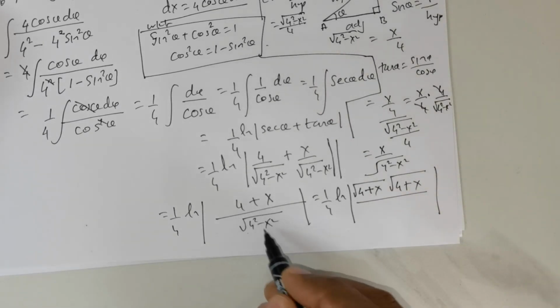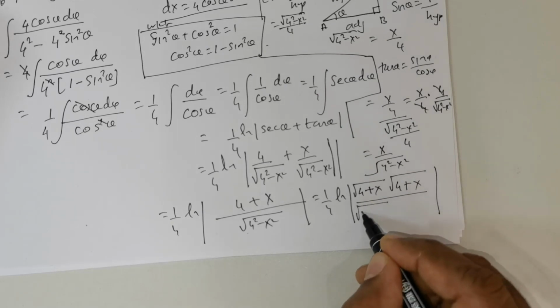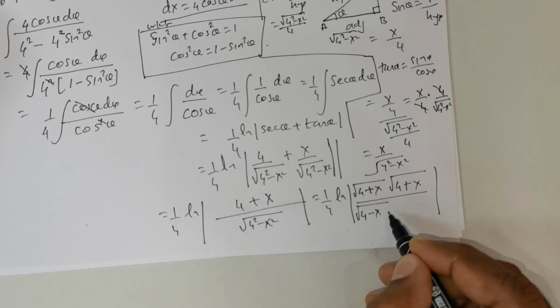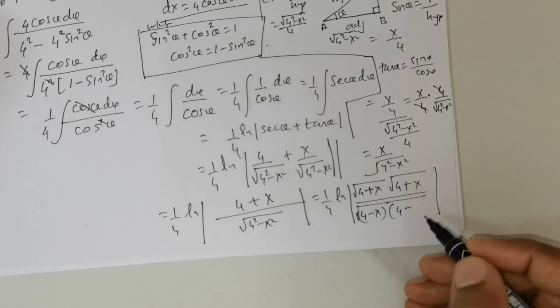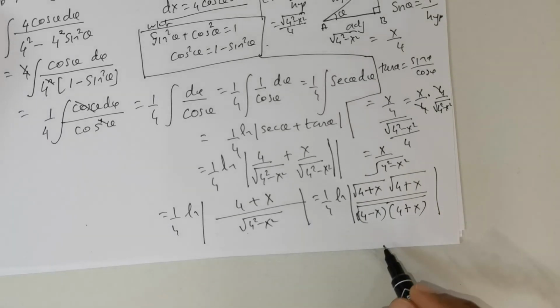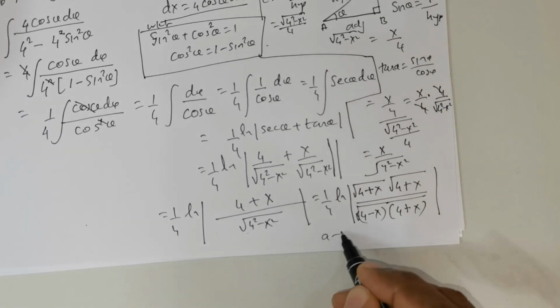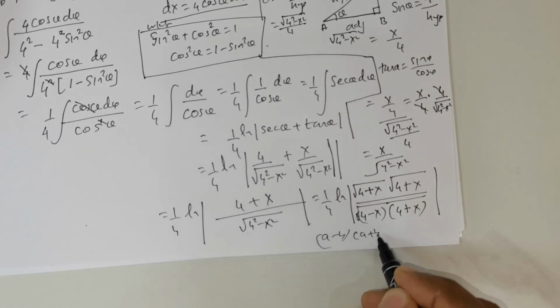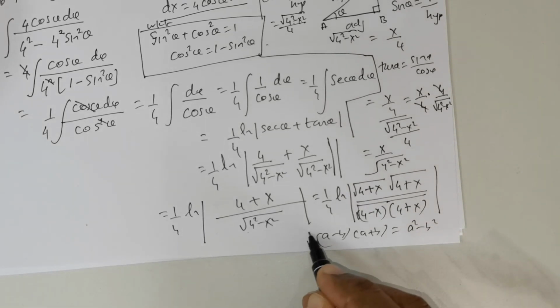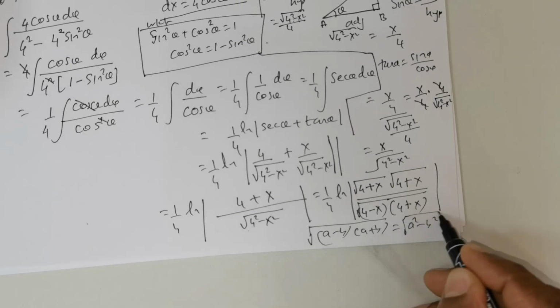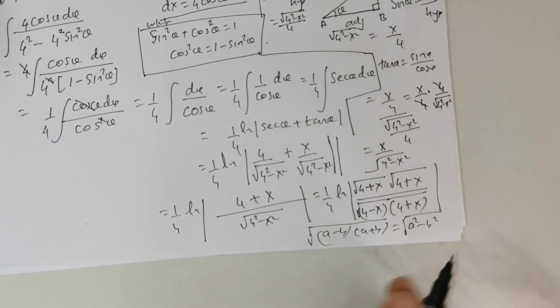Now, can I rewrite this as root of 4 minus x multiplied with 4 plus x? Of course I can, because a minus b multiplied with a plus b gives me a squared minus b squared, and I am placing it within the square root, so this is going to be root of a squared minus b squared. So that is fair enough.